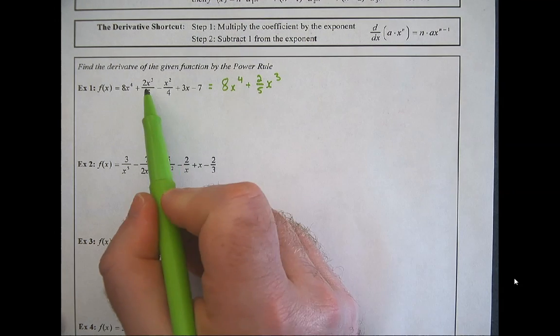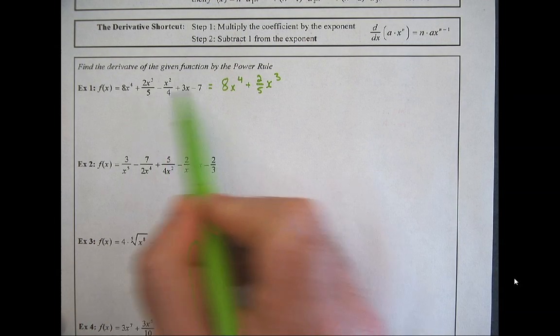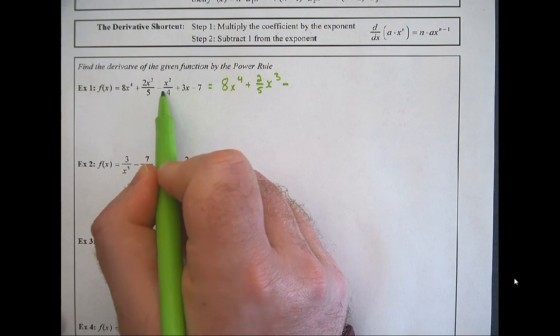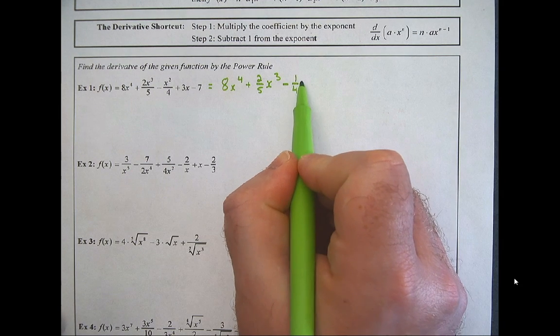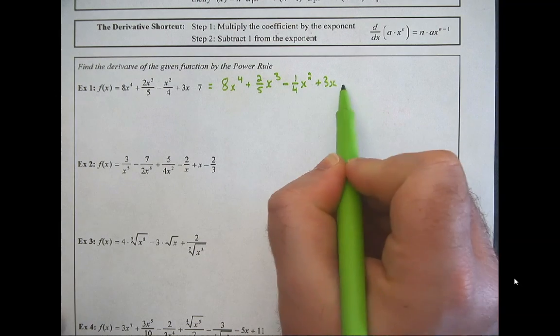I mean, think about it, right? This is still over 1, so if you multiplied it back, it'd look the same. So this and this mean the same thing mathematically. Minus, this would become, well, what's in front of that x squared? A 1, so this would become 1/4 x squared. And I'm okay with the 3x, and I'm okay with the minus 7.